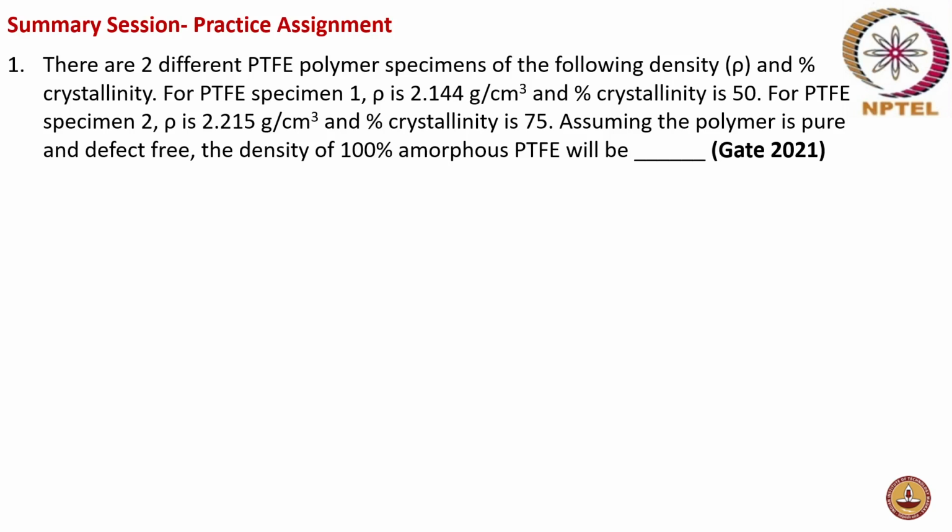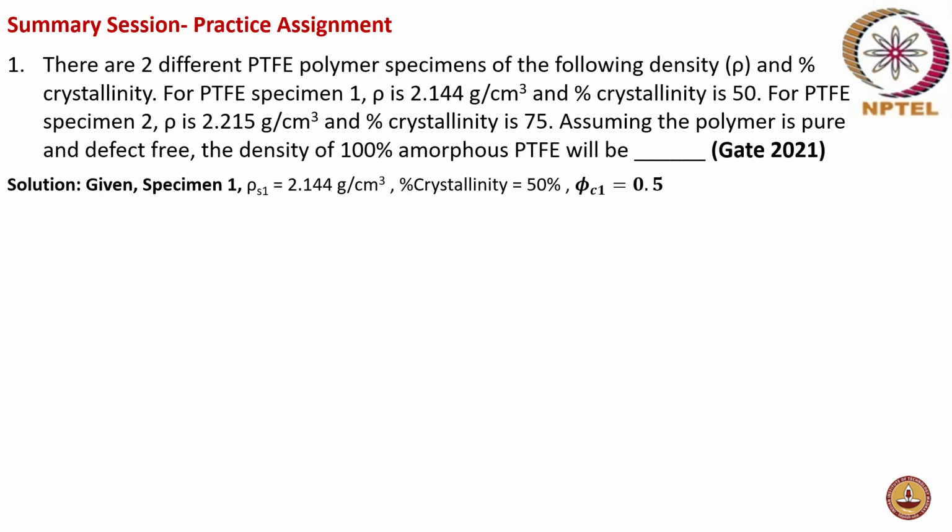Yeah, you proceed. Okay. So we have specimen 1 having density 2.144 and crystallinity 50%. That means the volume fraction of the crystalline phase is 0.5. Similarly, for specimen 2, you have the density given and crystallinity given.